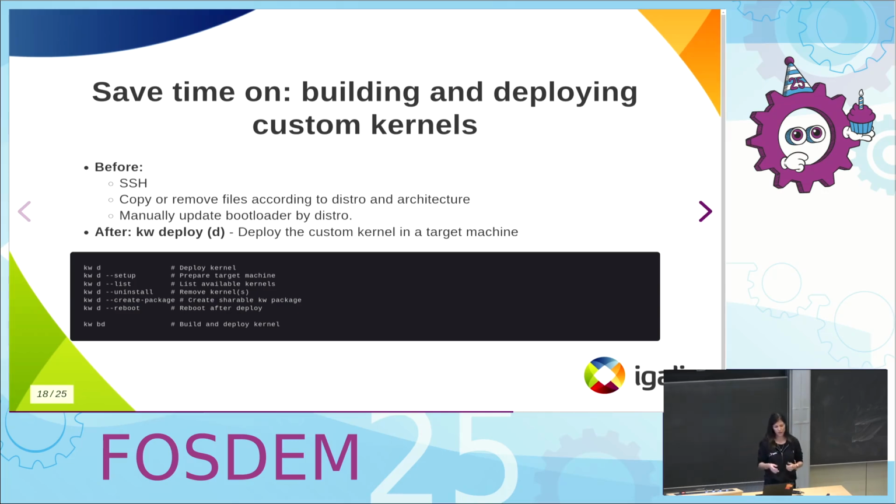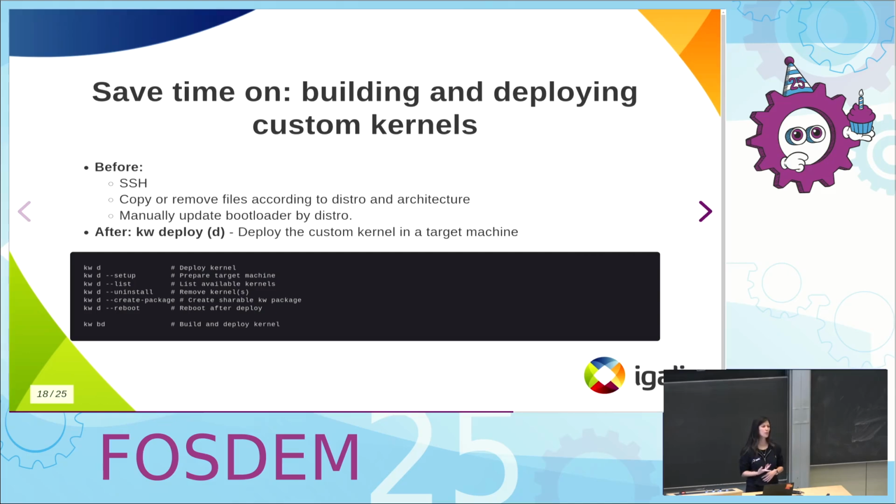Before, you probably did some SSH, or you copied or removed files according to your distribution and architecture, and you manually updated the kernel according to the bootloader of that distribution. And now you have kw d, with which you can do all these things: deploy the kernel, prepare a target machine before it receives this kernel.